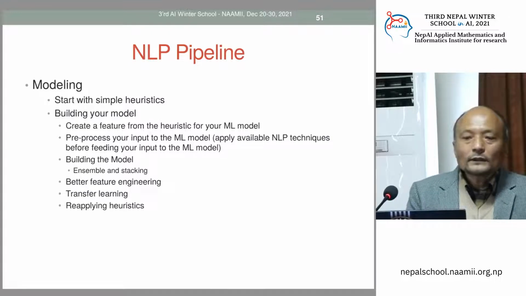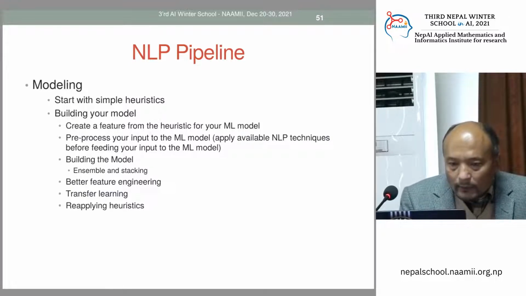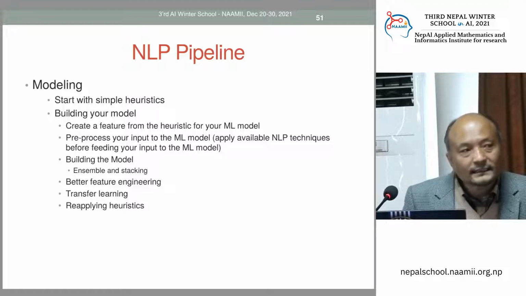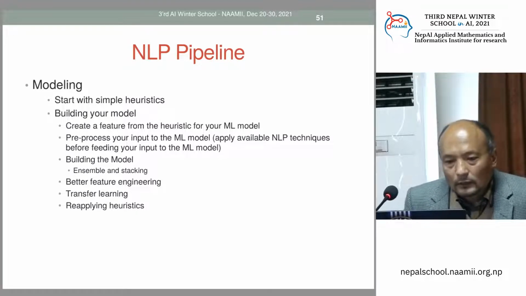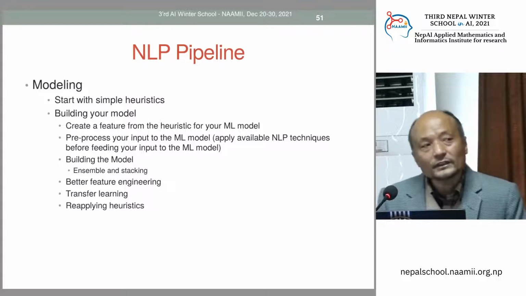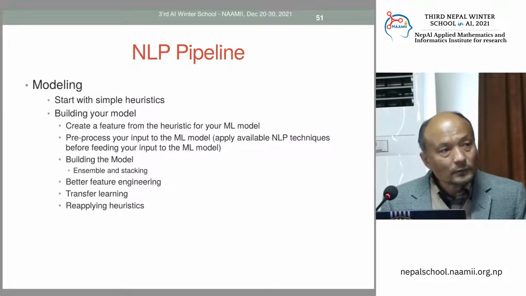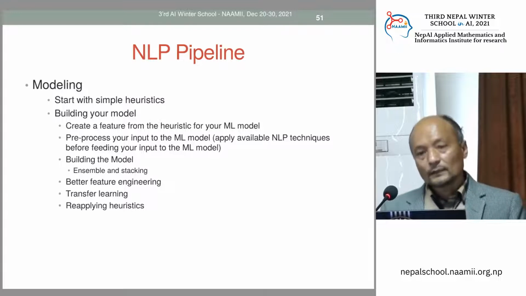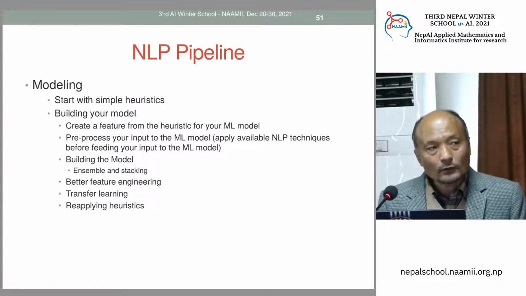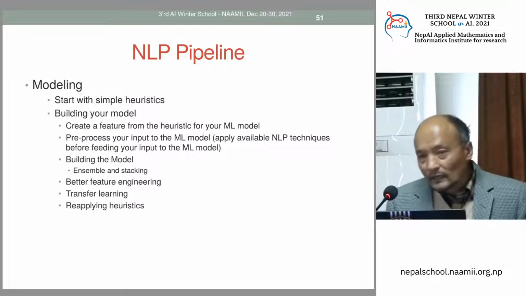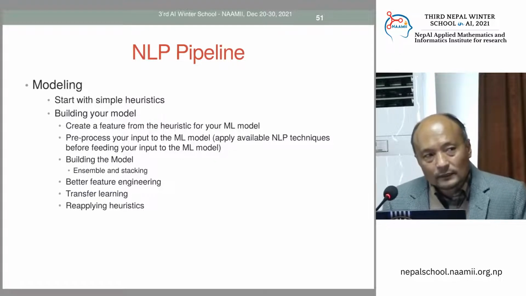So now that we have discussed feature engineering and extraction, the next thing is modeling, of course. You need to develop a model. The suggestion here is that you start with simple heuristics, because that way you essentially know what's going on, how the model is built, and which parameters influence the prediction of the model.